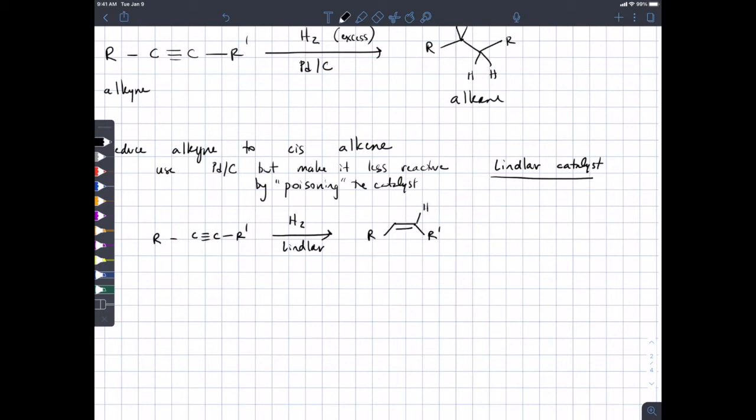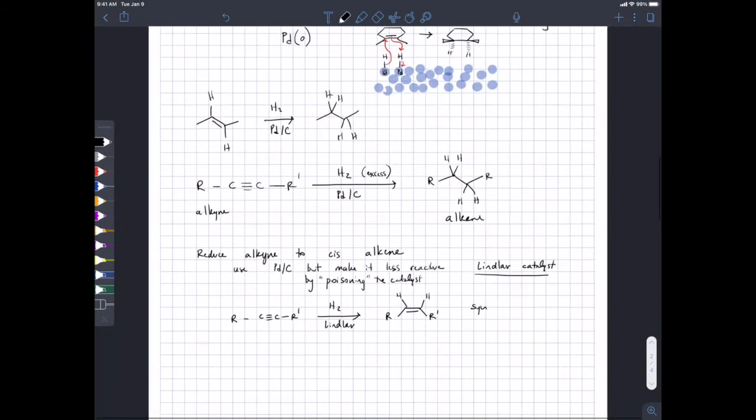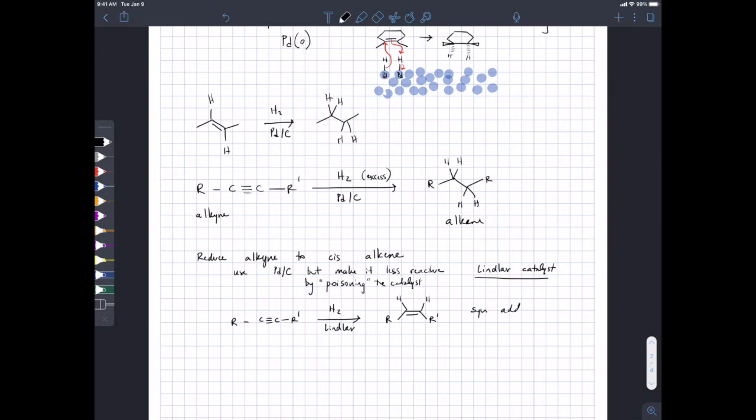The reason it's the cis olefin is because, as with palladium on carbon above, it's a syn addition of hydrogen at a surface. So you get the cis product because the hydrogens get added to the same side of the alkyne.